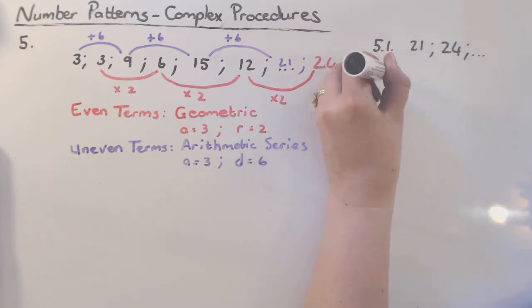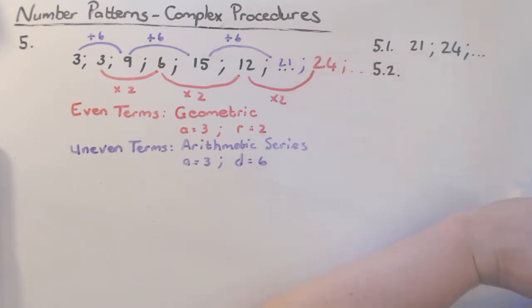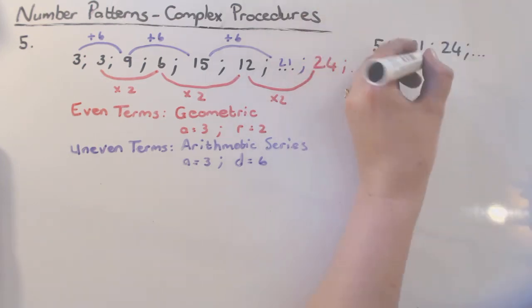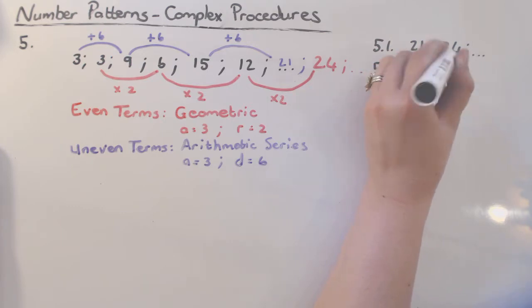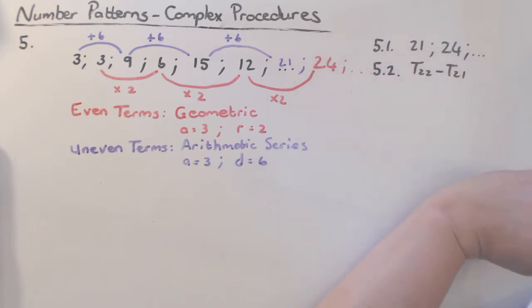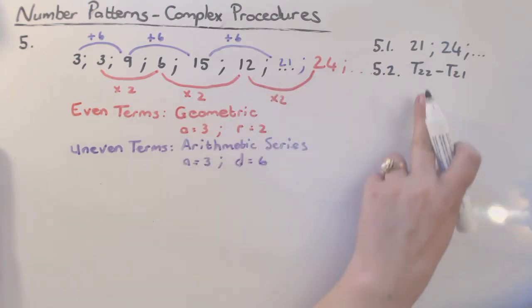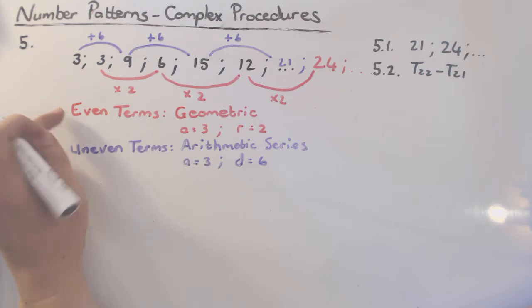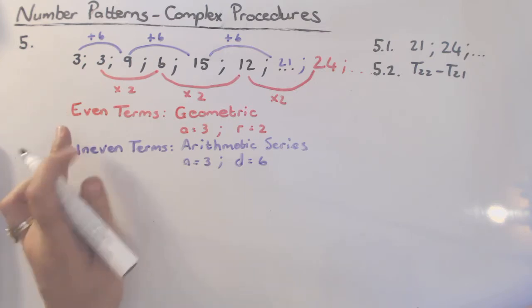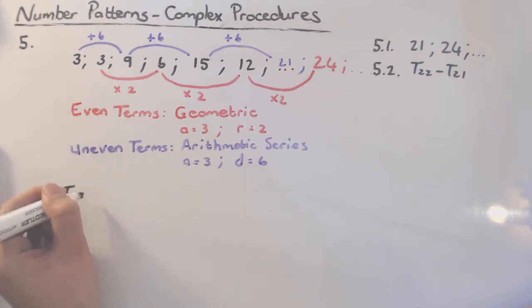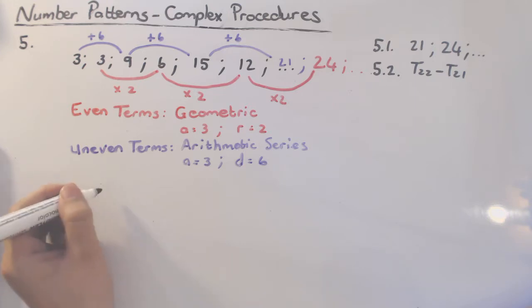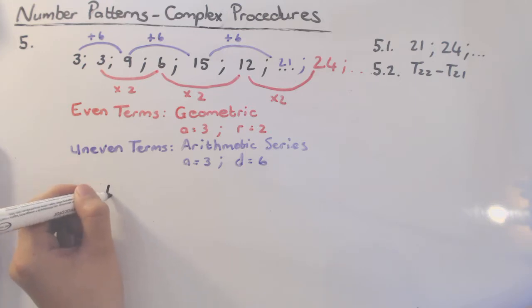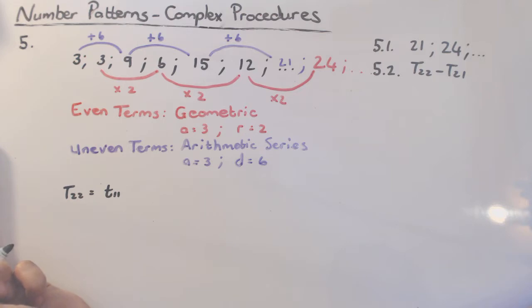And then 5.2 for 6 marks says work out the value for term 22 minus term 21. Right, now term 22 is an even term, and term 22 will actually be the 11th term. I'm just going to make that a small t.